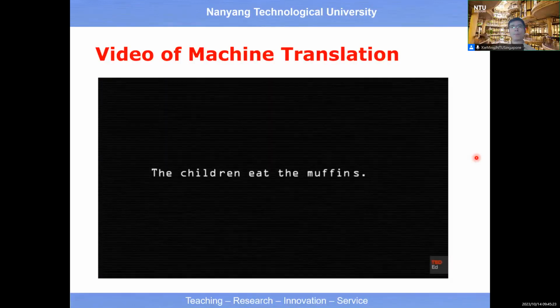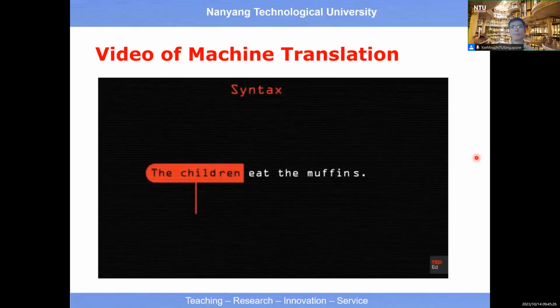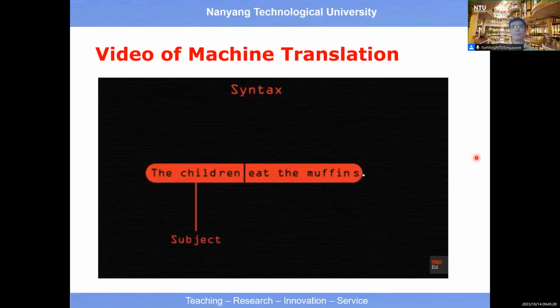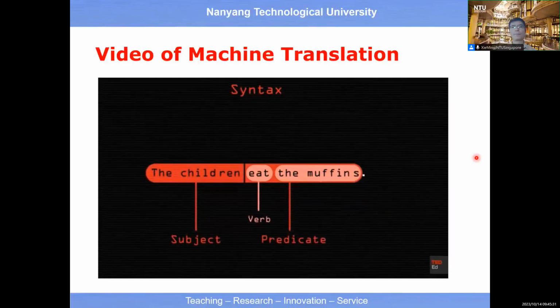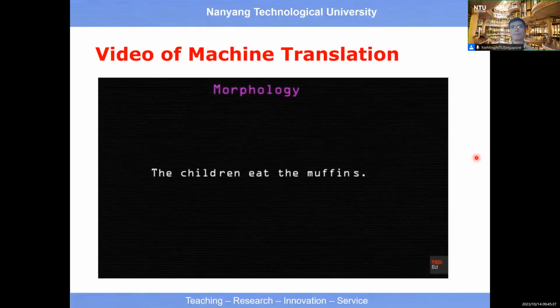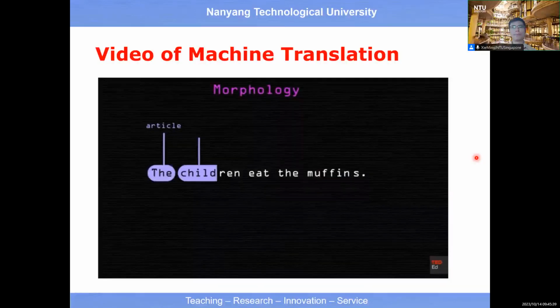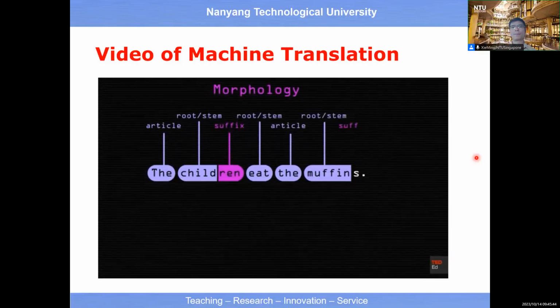Course syntax by identifying the change as and rest and a direct must unit. This is the word muffin and S plural.